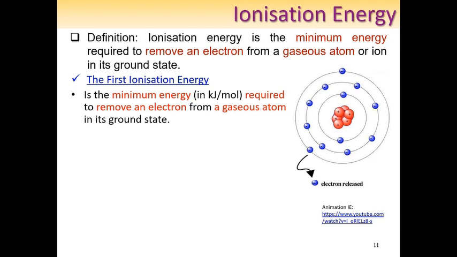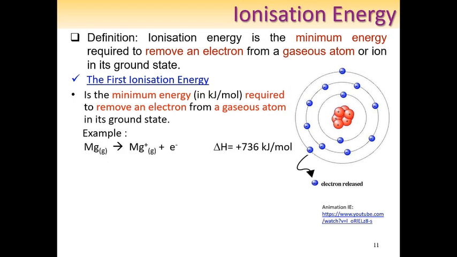Now let's take a look at the process by using an equation. If you have a magnesium atom, it should be in the gaseous phase. When you remove the first electron, it becomes a magnesium plus 1 ion, but the phase is still gaseous.